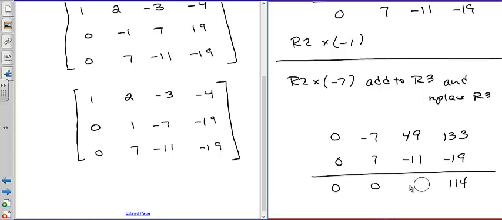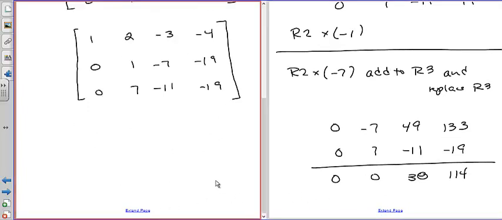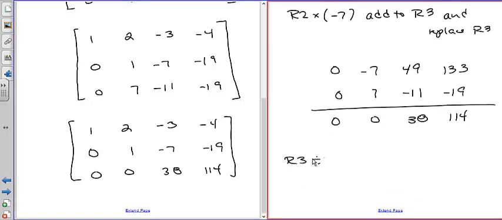And when I add these two together, 49 minus 11 is 38. So that's going to be row 3. And if I take 114 divided by 38, hopefully that's an integer. It is. Okay. So the next thing I'm going to do is take row 3 and divide by 38.